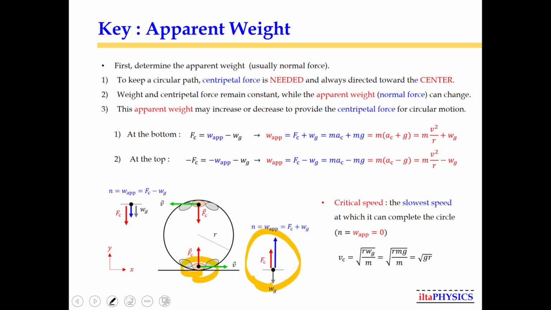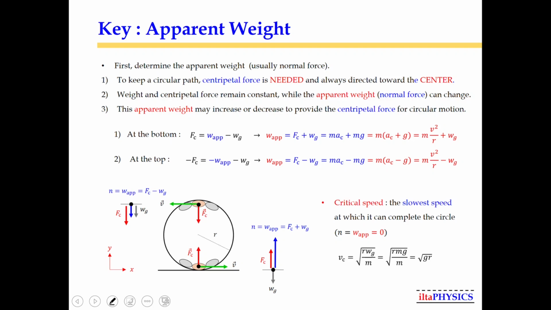Gravity pulling the passenger down, the weight points downward. The centripetal force for circular motion points toward the center, which is upward. Finally, the normal force from the seat points upward when the coaster is at the very bottom. Let's look at the relationship between these three forces.